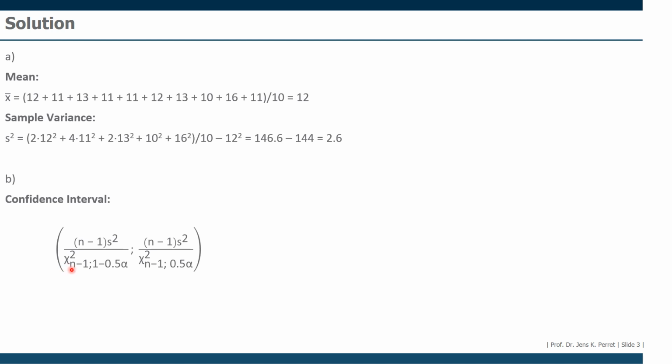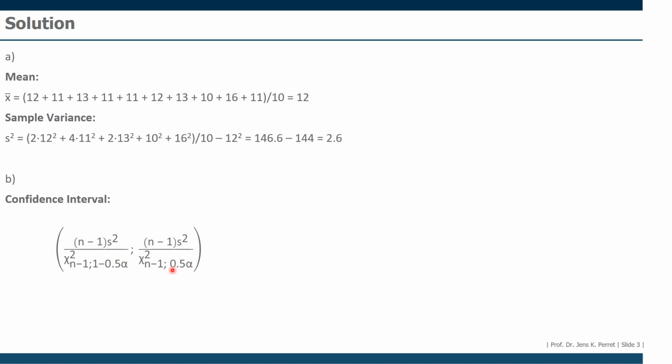So at this point I need 10 minus 1 degrees of freedom, and 1 minus alpha half, alpha being the margin of error. So here I'm going to work with a 95% confidence interval, meaning the margin of error is 5%. So I'm going to work with 1 minus 0.5 times 5%. So I'm getting here 0.975.